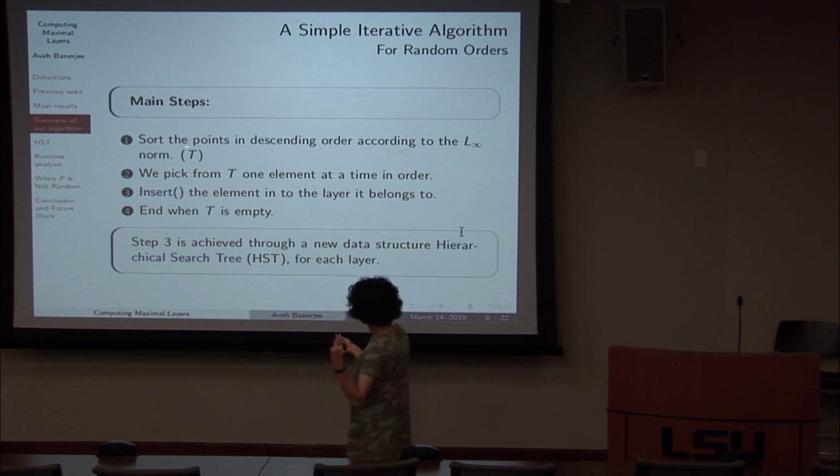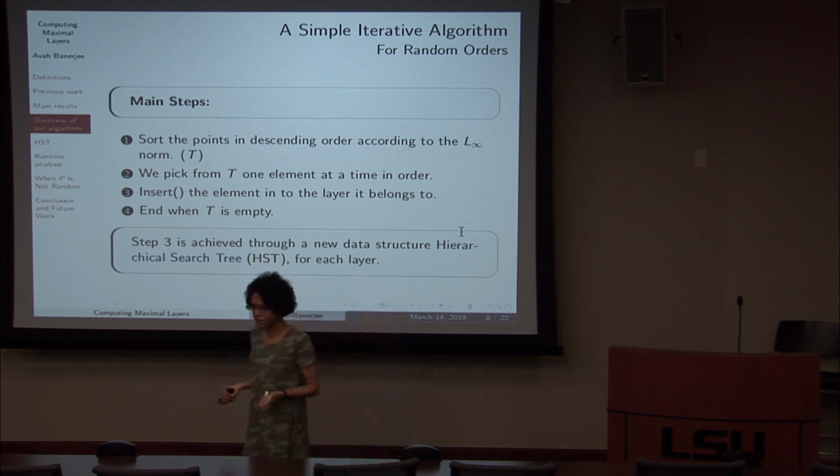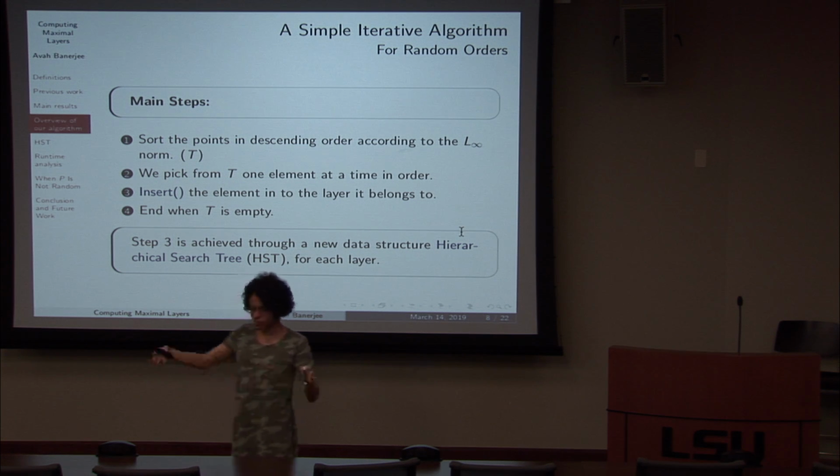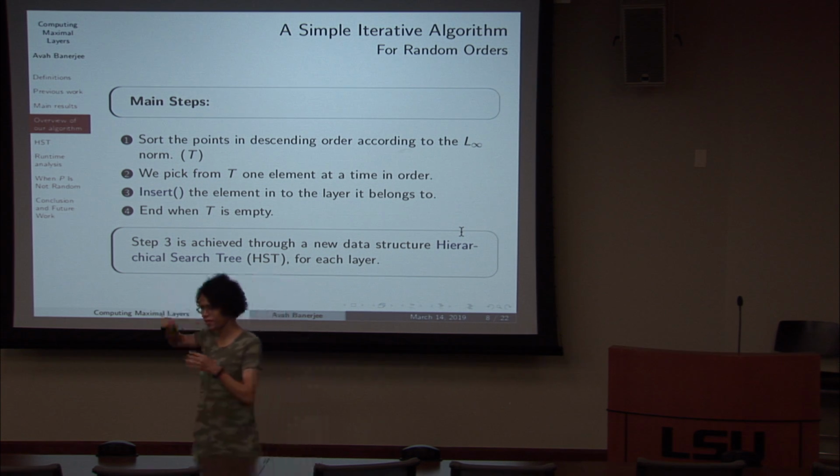First, we have these n points, and we sort them in descending order according to the L infinity norm. Can anybody tell me what the L infinity norm is? For each point, you compute the max of all the components. So for a vector, the L infinity norm gives the value of the vector, which is basically the max.